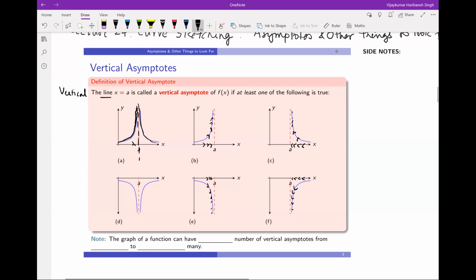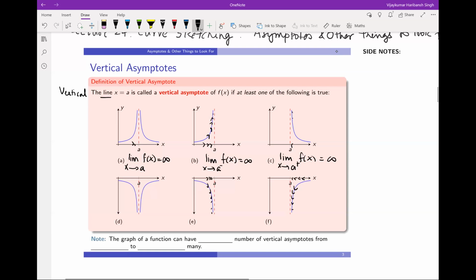So let me recall. In case one, we have the limit as x goes to a of f of x is infinity. In this case, you're approaching from the left, so as x goes to a minus, f of x is infinity. In this case, you have the limit as x goes to a plus of f of x, because you're approaching a from the right, is infinity.